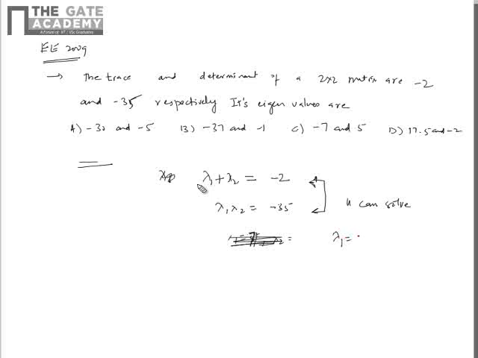If I assume lambda 1 as -7 and lambda 2 as 5, and you add these two, you get -2. If you multiply, -7 into 5, it will be -35. So just by looking at that, you can guess that it is -7 and 5. These are the answers, and therefore C is the option.